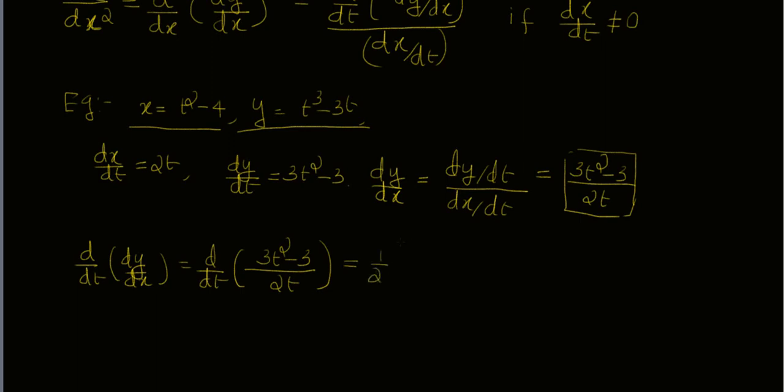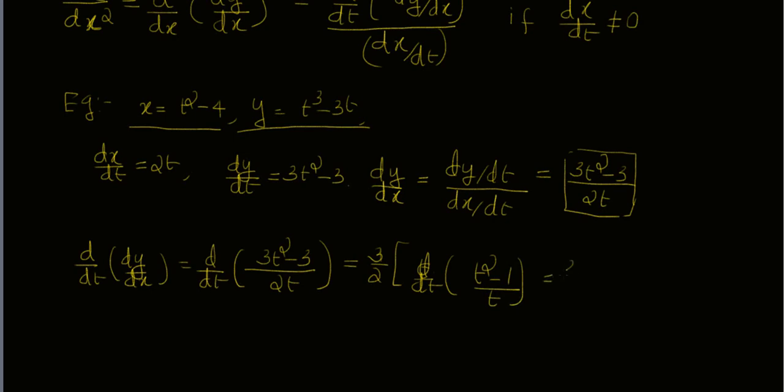Taking 3 by 2 outside, this is d by dt of t square minus 1 divided by t.